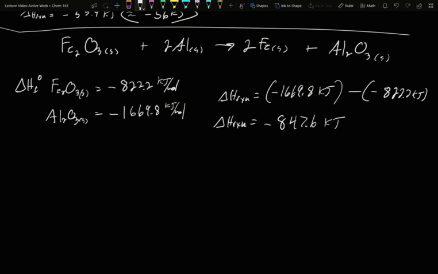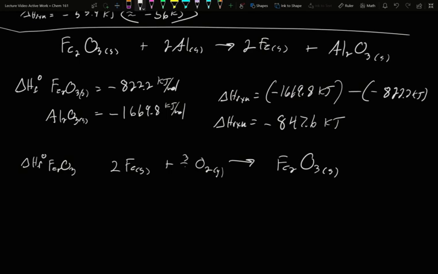If we want to think about this, what are we really doing when we have our products minus our reactants? Because there is another way we can think about this. Delta H of formation of Fe2O3 would involve iron solid and O2 going to Fe2O3. I'd need 2 irons and 3/2 O2. This would be the equation for the formation of our iron 3 oxide.